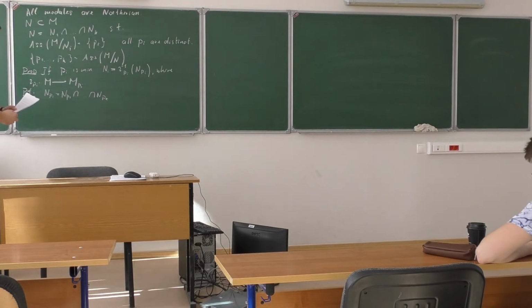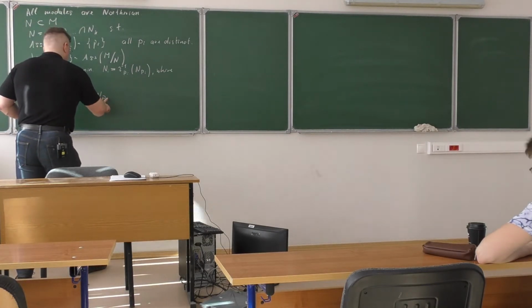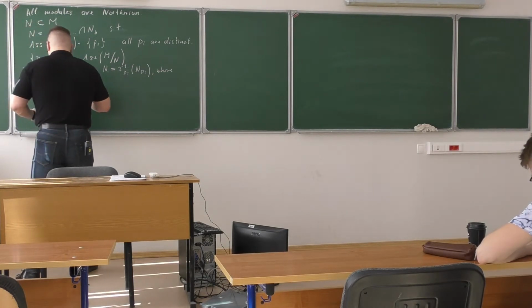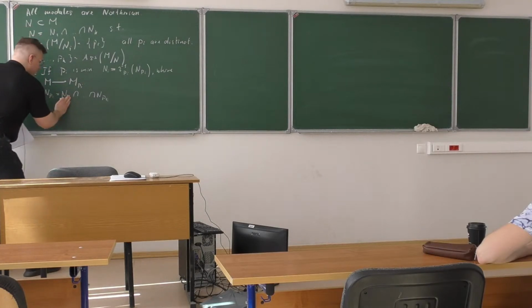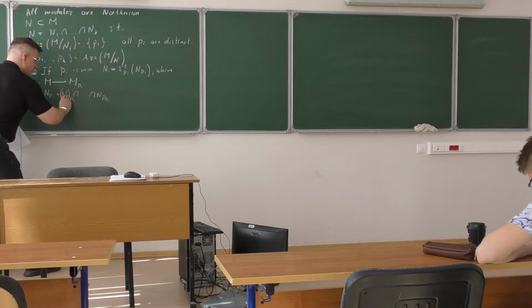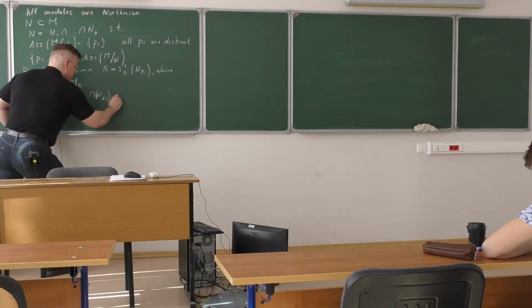The ideal is still the same, Pi, and there are two indices here, sorry. There is N1 localized at Pi, and then there is Nk, and I still localize this at Pi.